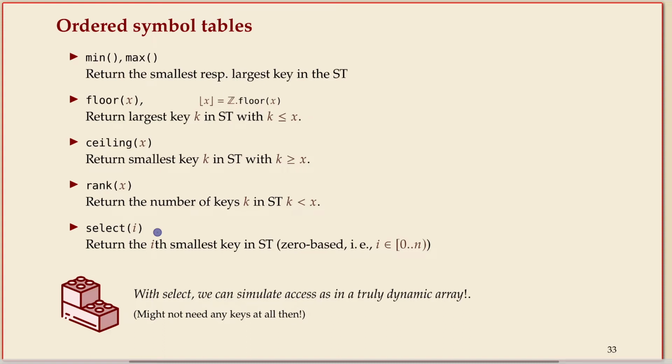Specifically select. That's like selecting the ith element in an array, just that now it's always the sorted array of all the elements that are currently in there. It's not that the elements get assigned some index and that index is fixed. The index is determined by what's currently stored in the data structure.